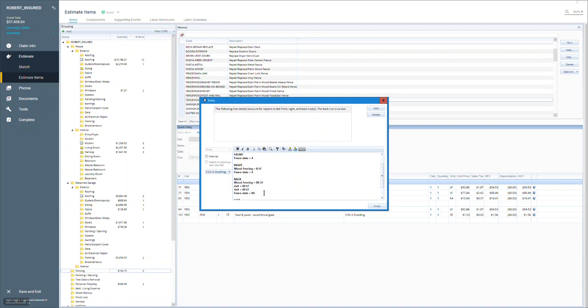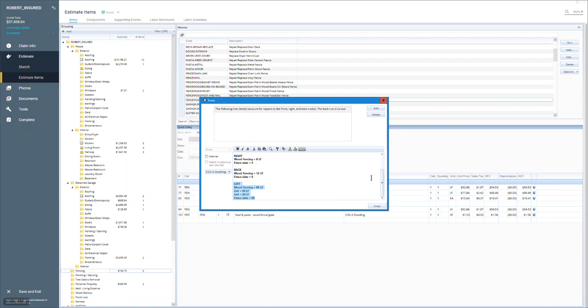The back, we have 12 feet of fencing. And then we had 6 slats, because we had 12 slats total, but we're only paying for 50% on the back, so 6 slats. And then we're going to delete the left out completely because we're going to be dealing with that on another section right below this for a full replacement of the run.